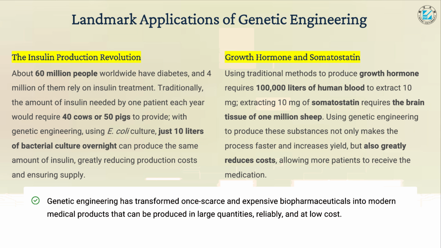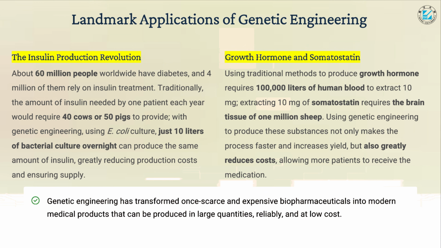With genetic engineering, the human insulin gene can be inserted into bacteria, such as E. coli. These bacteria can produce human insulin rapidly and in large amounts. This greatly reduced cost and improved drug availability.